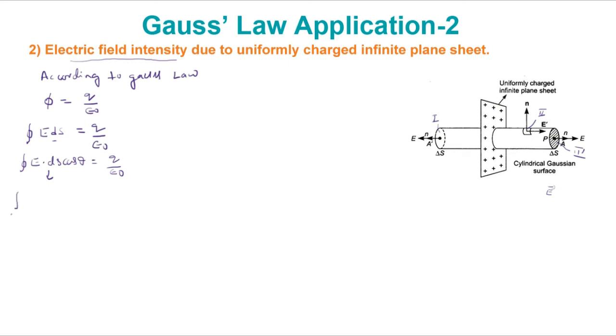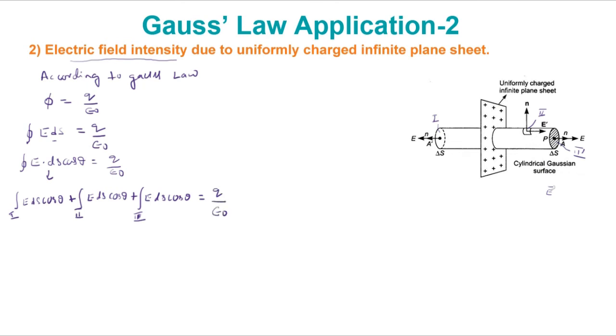So integration for the first part, E·dS cos theta, plus the second part, E·dS cos theta, plus the third part, E·dS cos theta, which is equal to q divided by epsilon naught.